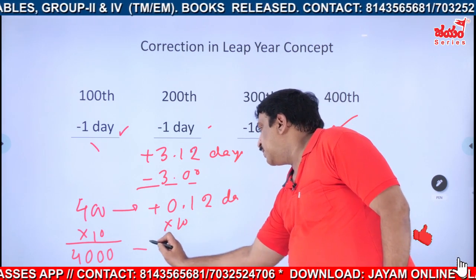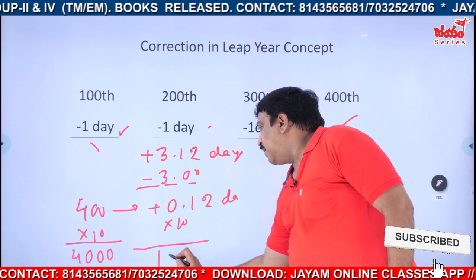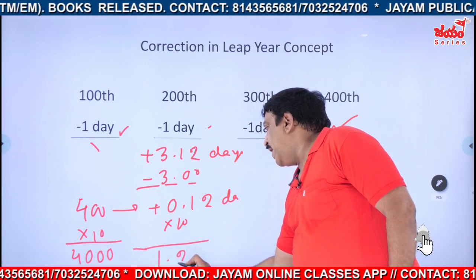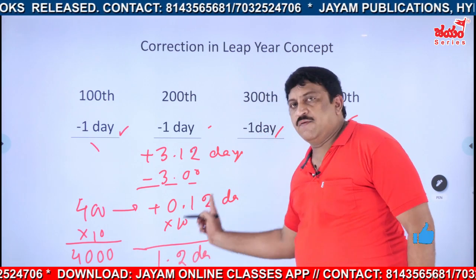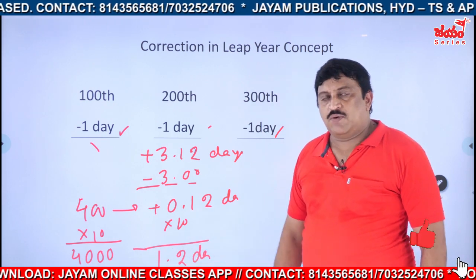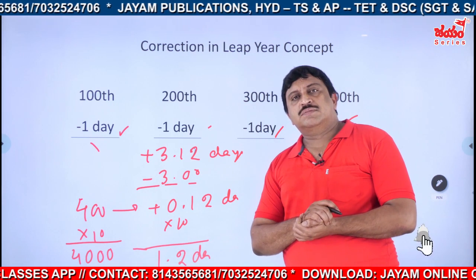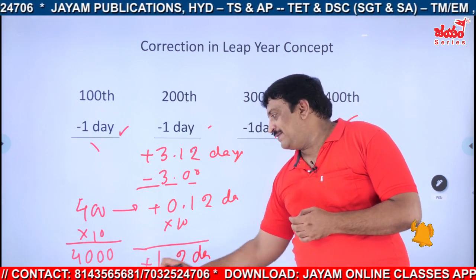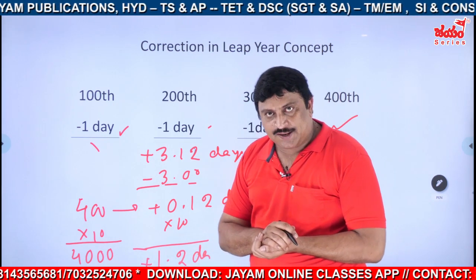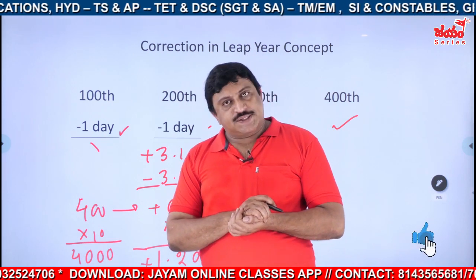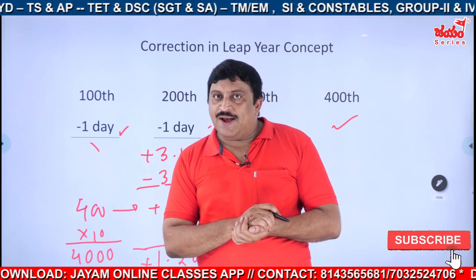It becomes 1.2 days. That means again 1 day extra is there. So 1 day extra is there means again they have to remove 1 day.